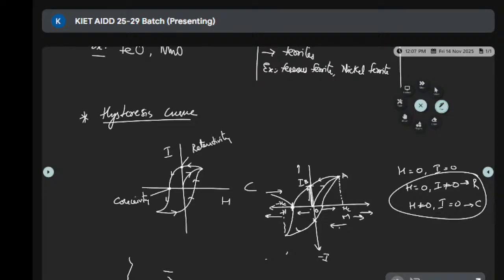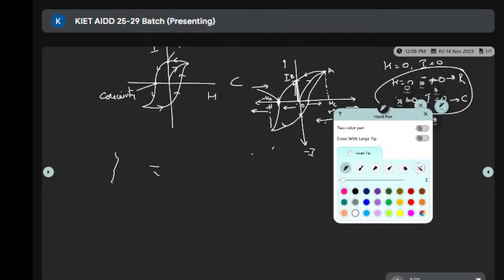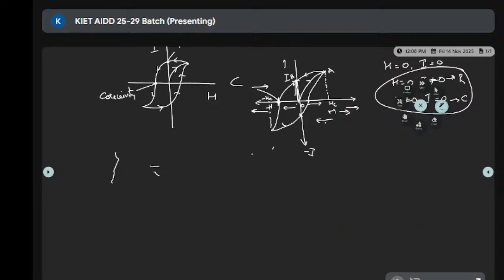I is 0 but H is not 0. To make it 0, hard.